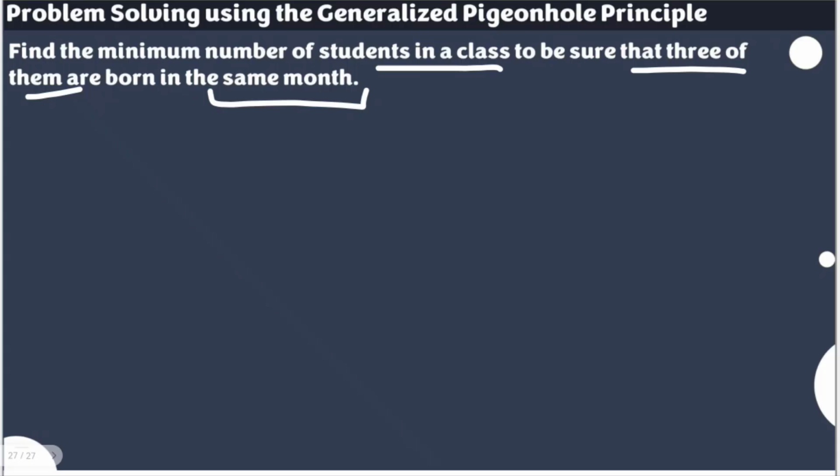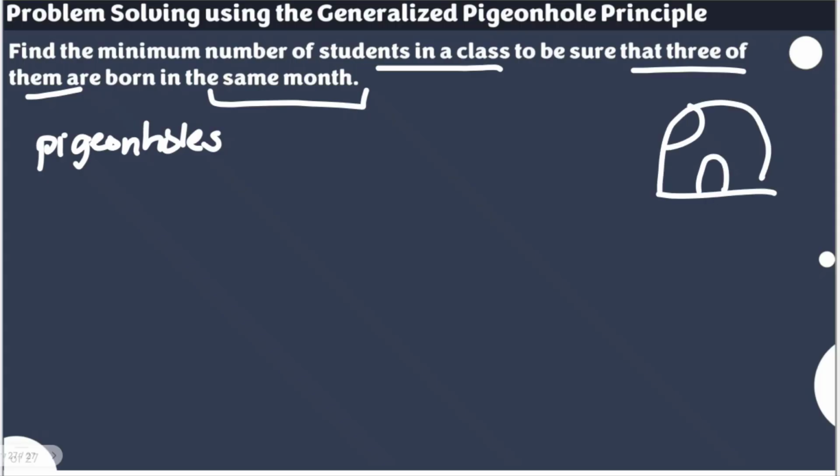Does this fit the pigeonhole principle? And if yes, what would be our pigeons and what would be our pigeonholes? Now, let's talk about pigeonholes. Definitely, pigeonholes are the number of placements, the number of possibilities, the options for those pigeons to pass through.